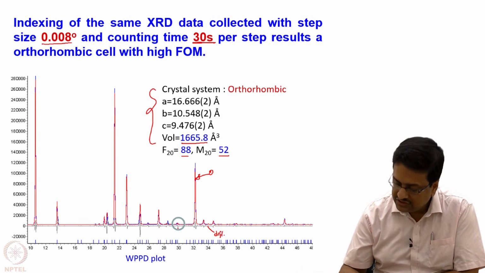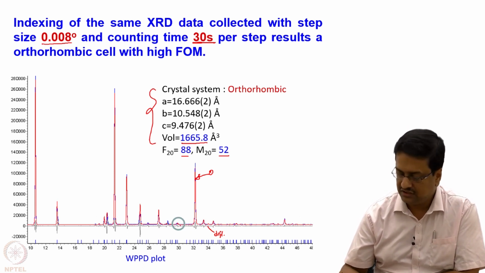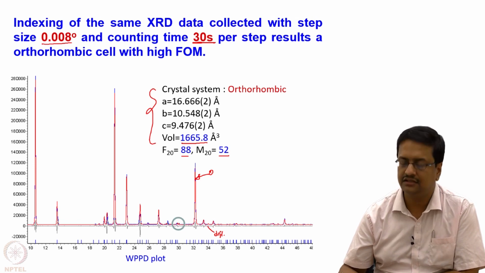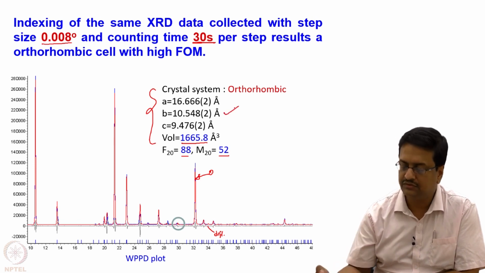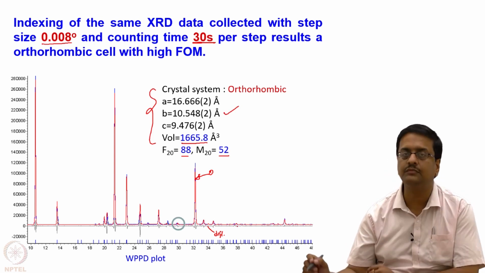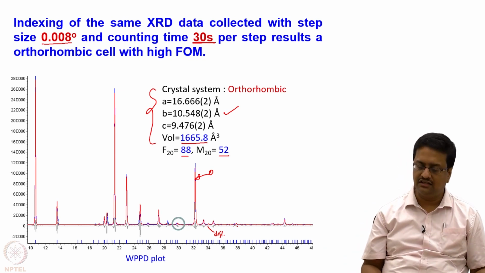So that tiny peak which was not there in the original pattern is now showing up here. That means the unit cell that we are getting is right, because it calculates all the peaks that are present in the lattice and does not calculate any additional peak.